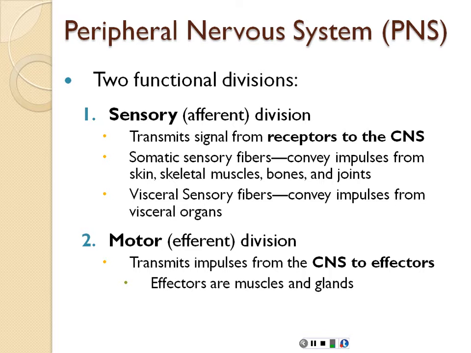Okay, so when we say visceral sensory, it's still sensory, which means the signal is going to start where? Receptors. So when we say visceral sensory division, these transmit a signal from receptors that are on those organs of the ventral body cavity.